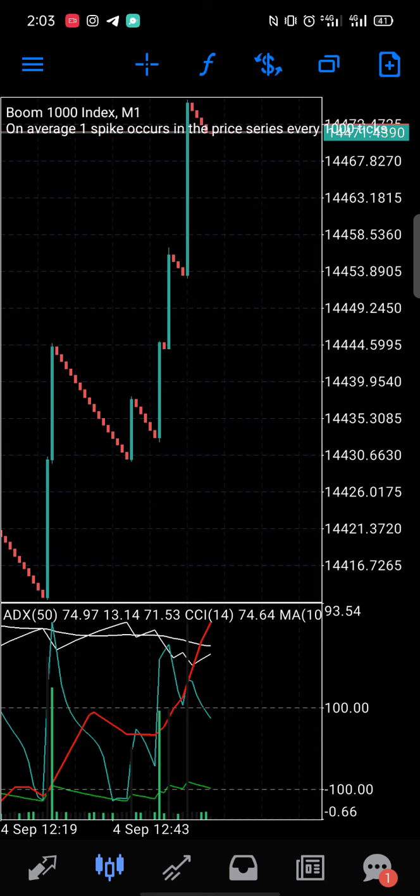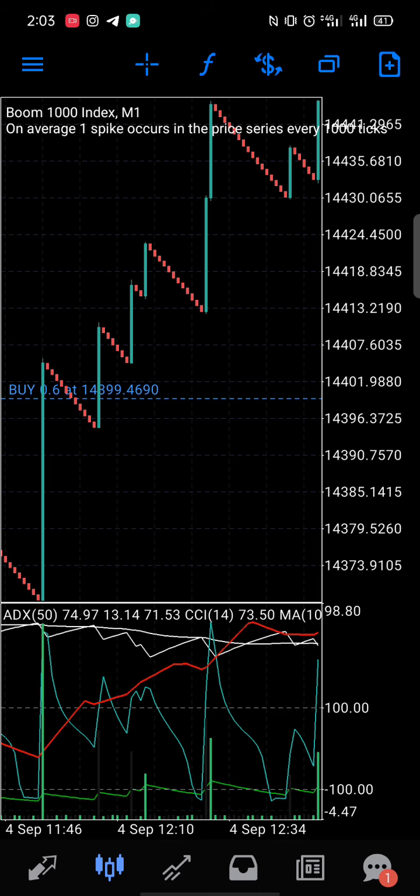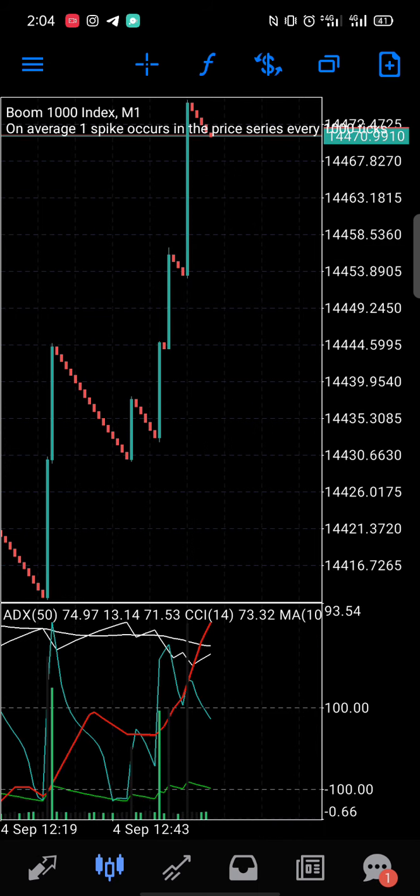It works the same way, but the difference is that for boom 1000 you have to look for oversold levels. Exactly, you have to look for oversold levels for the boom 1000 index. So guys, you watch out for oversold levels, which is from negative 100 down.